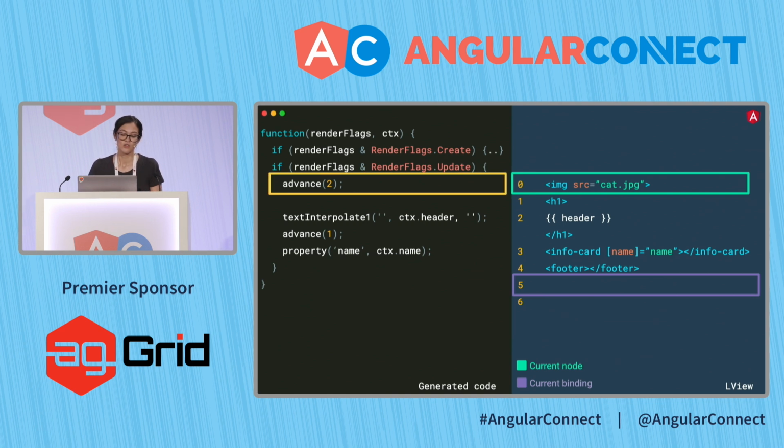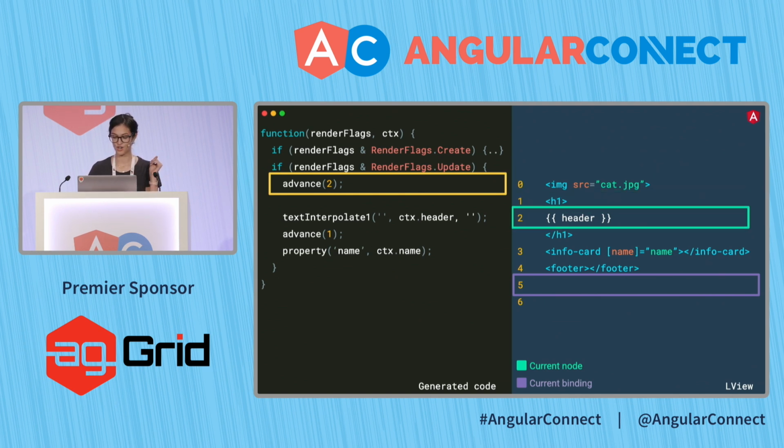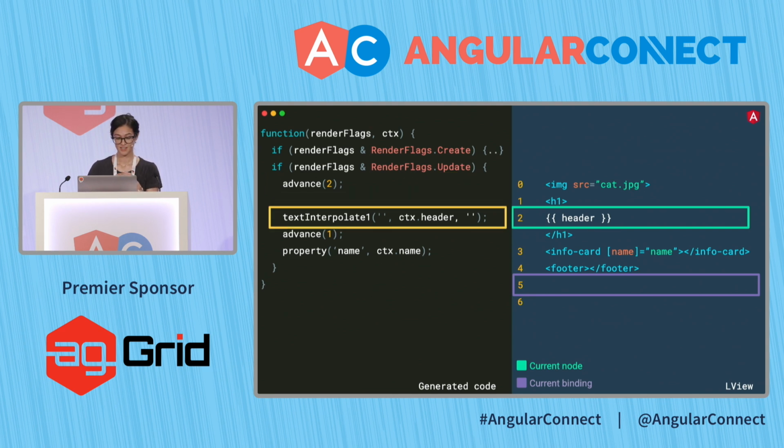OK, so let's say we execute the first advance instruction. All this does is tell us that the first binding is 2 nodes down. So it'll say, hey, increment the current node counter until you get to the node that's 2 nodes below wherever I am. So now we're on the text node. And then we run the text interpolate instruction.